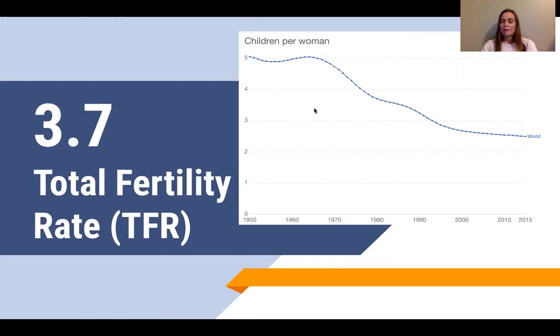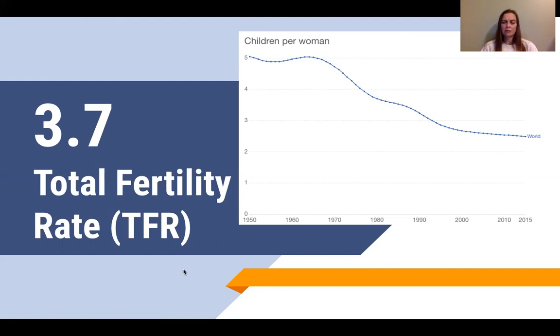And this graph doesn't cover a lot of time. You can see this graph begins in 1950, and you can see the number of children drops off a little bit, has a slight peak between 1960 and 1970, and then it starts to drop down as we move into 2015. And this is the world total fertility rate.